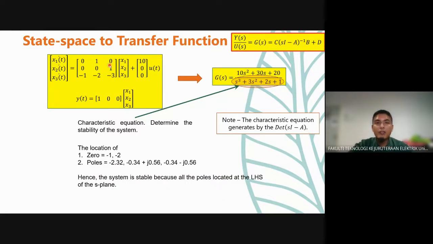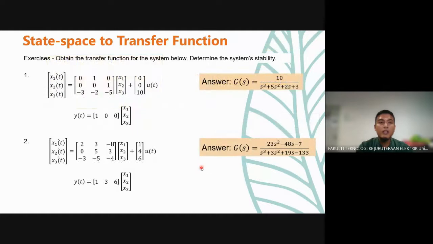Based on this, we can say that this state space is a stable system, where all poles are located on the left-hand side of the s plane. Every pole location is negative, on the left side. After that, I gave you two exercises.